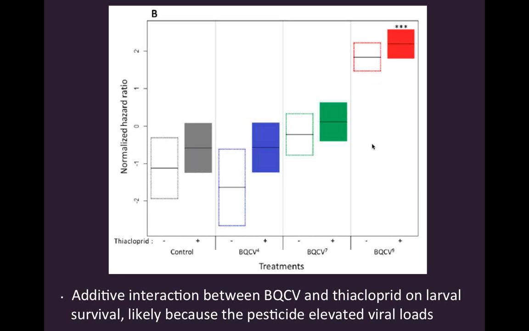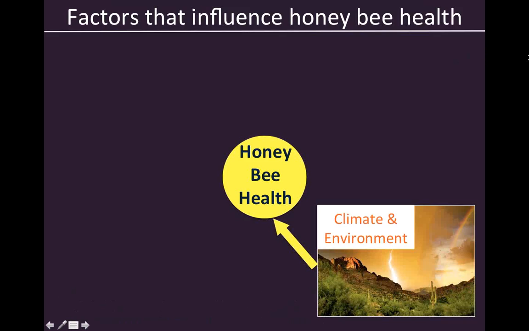Here they are showing the additive interaction between black queen cell virus and thiacloprid on larval mortality compared to controls, and the hazard ratio is very high when you have thiacloprid and black queen cell virus presented together and you test larval mortality. So this one shows that additive interaction between those two, because likely the pesticide elevated those viral loads that are detrimental to the colony.